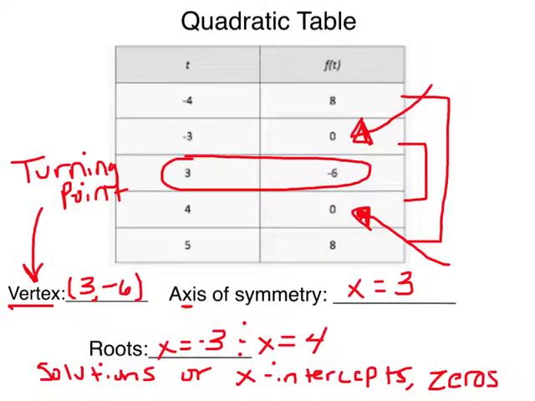We can say that this quadratic has two solutions because there are two roots. You may also hear, and they may ask you for, the positive root. Well, if they ask you for the positive root, you would give them the +4. If they asked for the negative root, you would give them the -3. Those are also some other ways that you may hear that being asked.